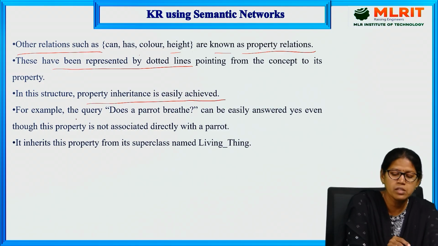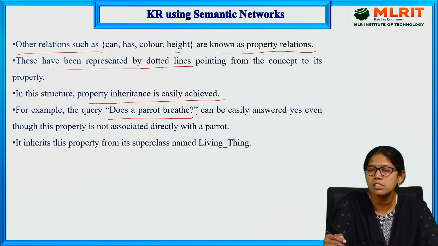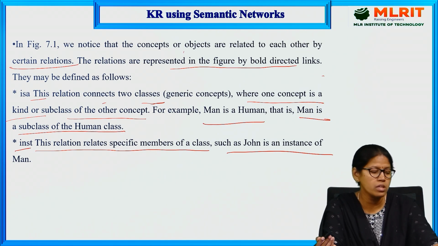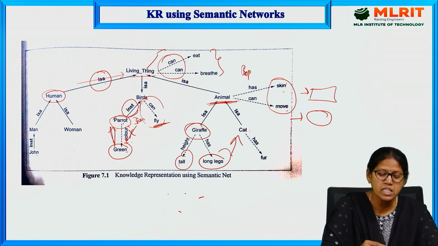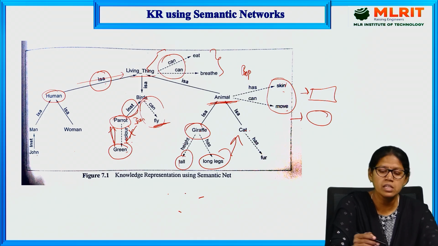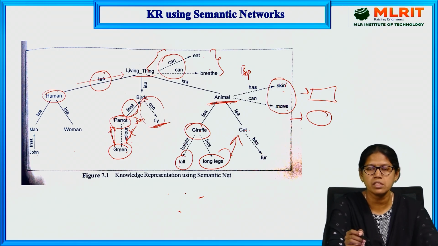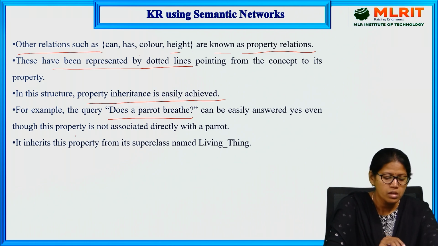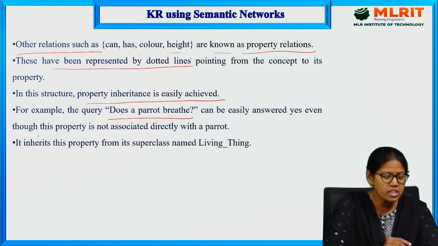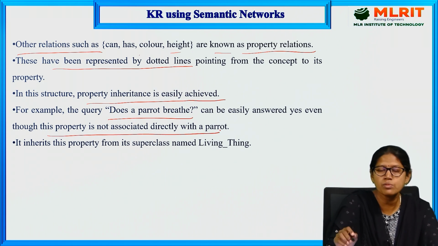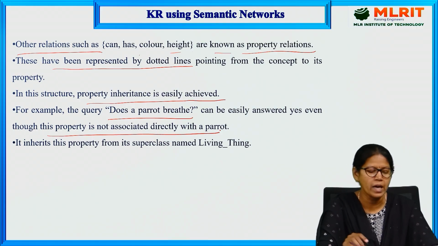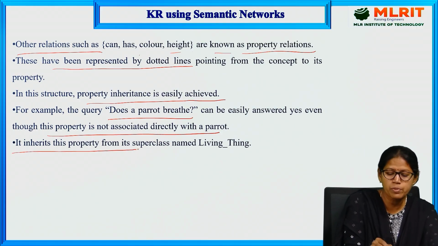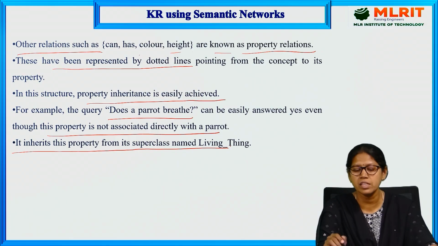For example, the query, does a parrot breathe? It can be easily answered as yes. Why? Because a parrot is a bird, a bird is a living thing, and a living thing can breathe. Even though this property is not associated directly with the parrot, it inherits this property from its superclass named living thing.